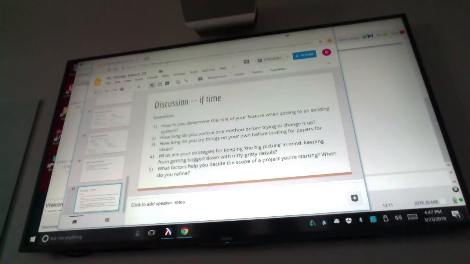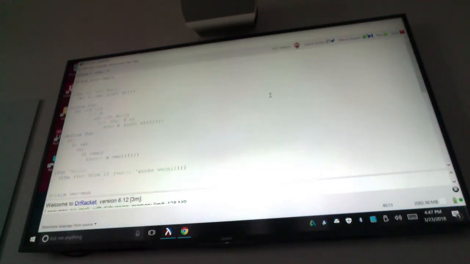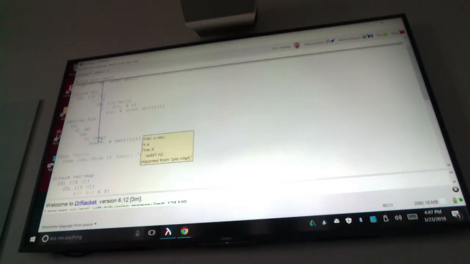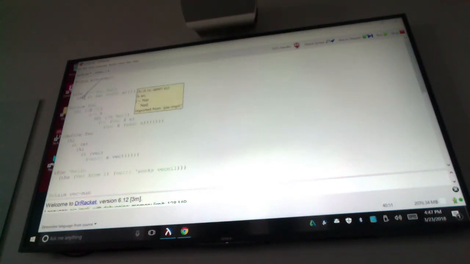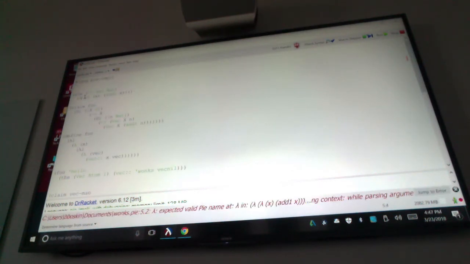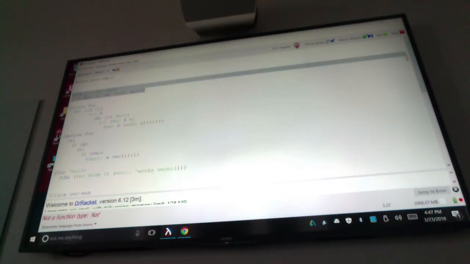So right now, there's plenty of errors. What do I want to do here? It'll do the things you expect. This thing needs to be a function.